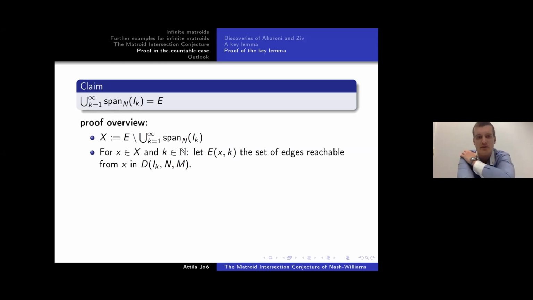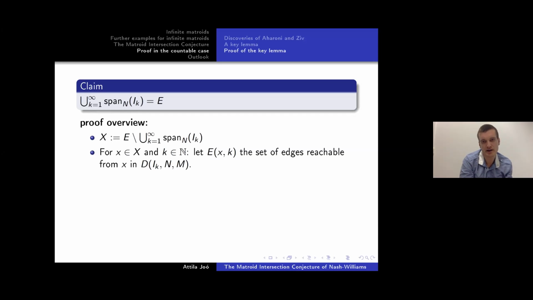We of course assume for a contradiction that this set X is non-empty. For every element of this set, we define this E_{X,k} edge set. We take the auxiliary digraph from the Edmonds proof, so the finite case, from the proof of the intersection theorem of Edmonds, and we have a sequence of auxiliary digraphs.